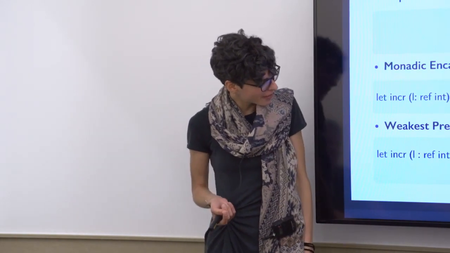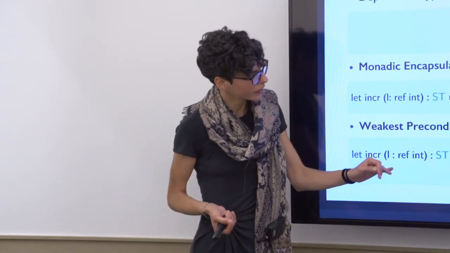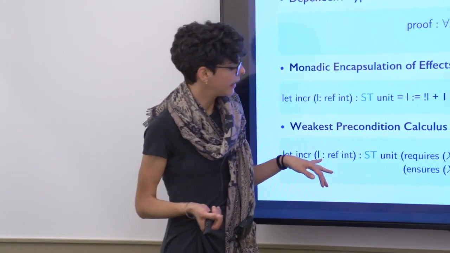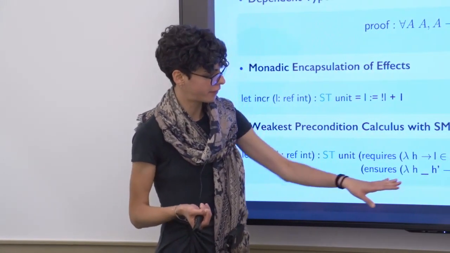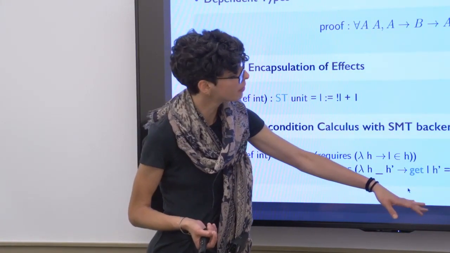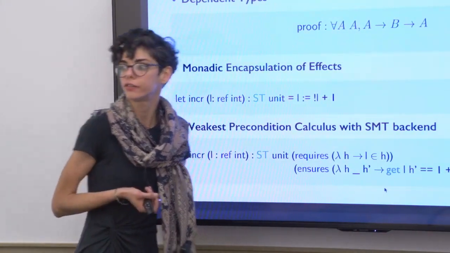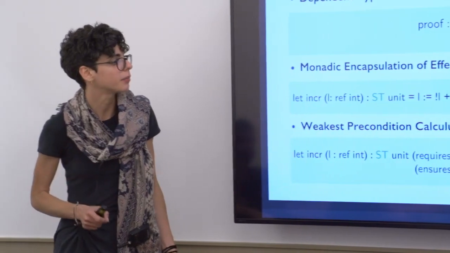So we can prove that if L is a pointer defined in the initial heap, then the value of L in the resulting heap will be 1 plus the value of L in the initial heap.